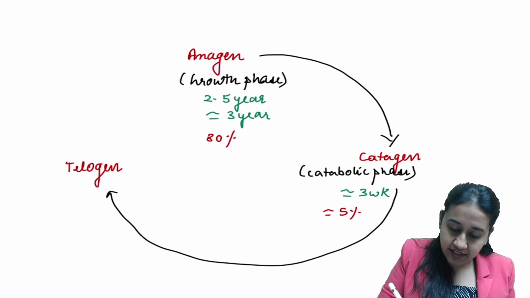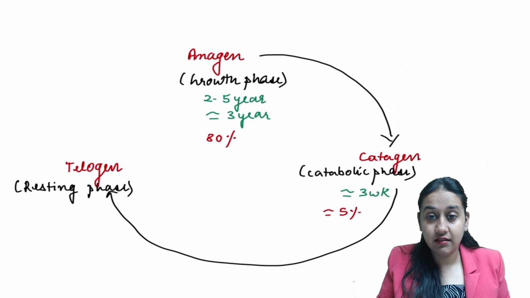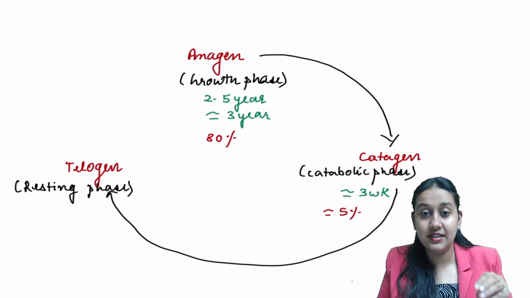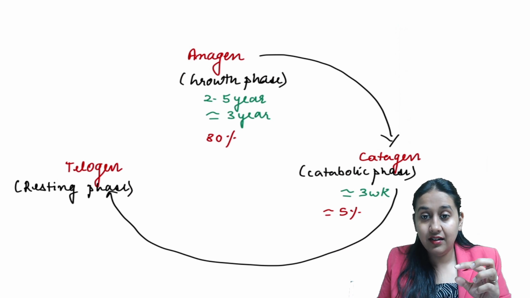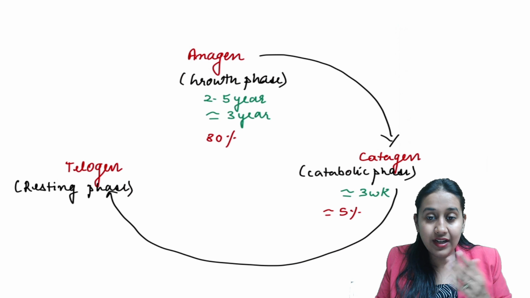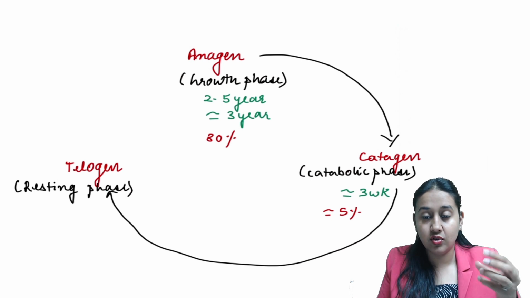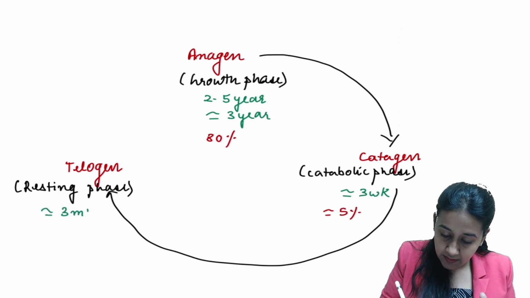Telogen phase is a resting phase. It means that the hair is still present. It has not fallen. It is simply resting in the hair follicle. No catabolic processes are occurring. They are simply present inside the hair follicle, resting, and this phase goes for around 3 months.